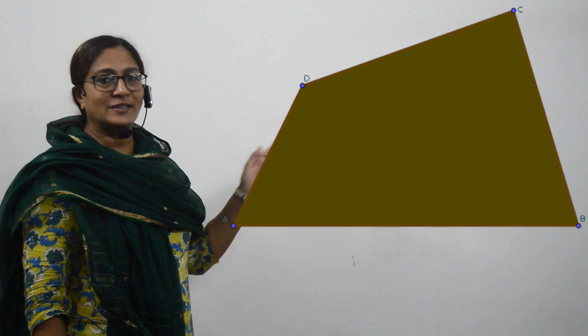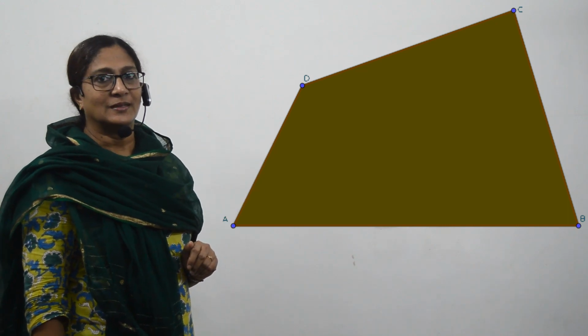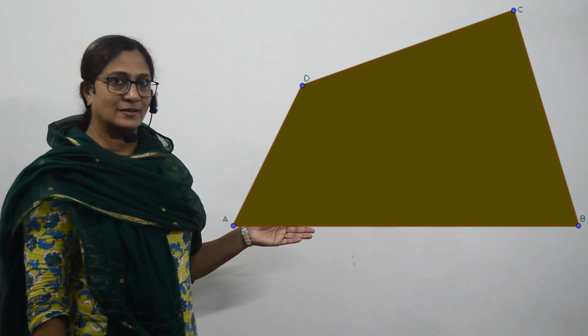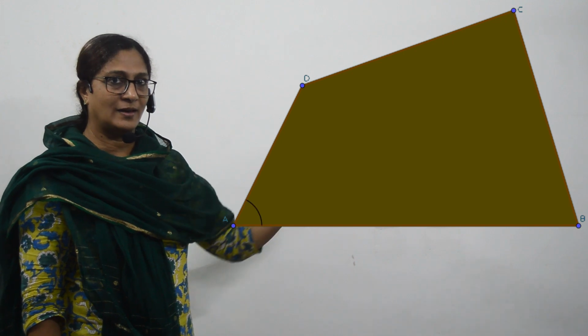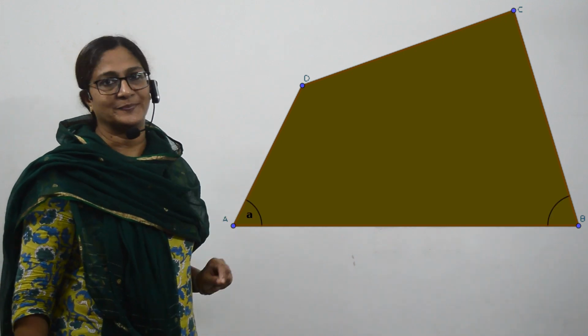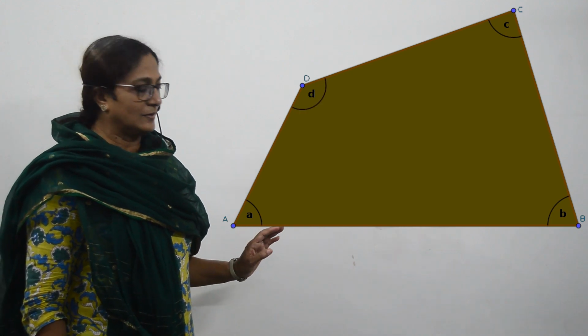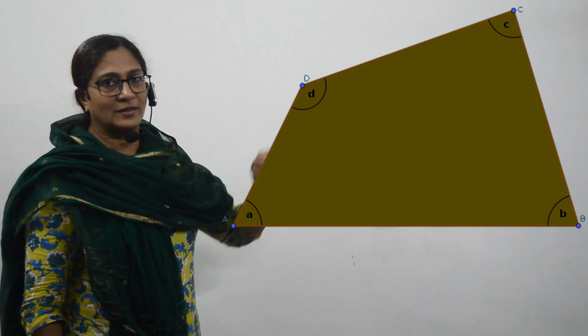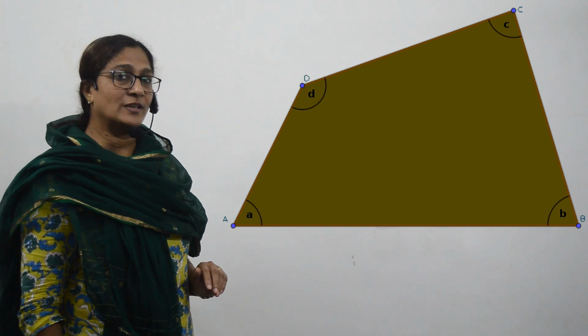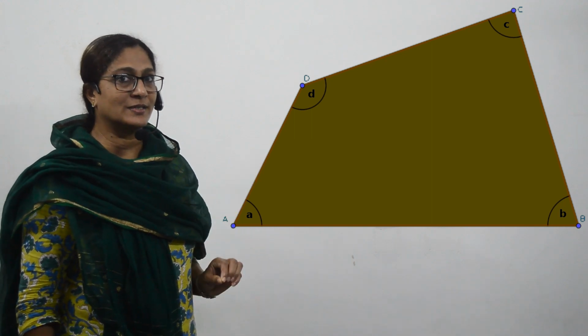Let us now come back to our earlier figure. We had a quadrilateral ABCD. Let us denote the angles by the small letters A, B, C and D. We have to draw the bisectors of each of the angles and mark their intersecting points.